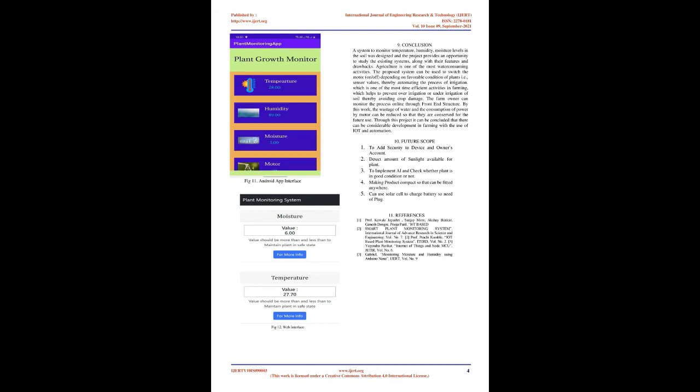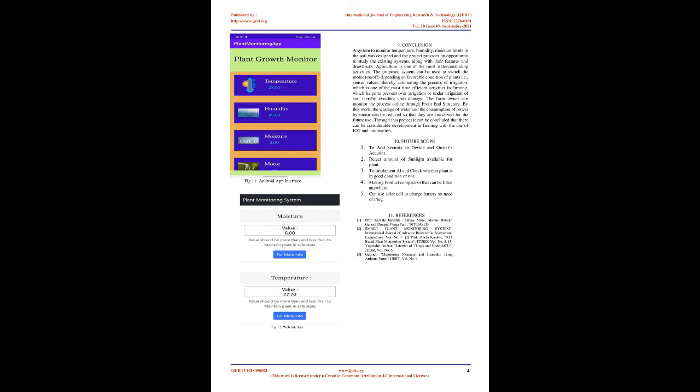Front-end data is received through the API as read-only data, and the only update allowed by the front-end is to update the motor state. According to the values detected by the sensors, the motor will turn on or off. If moisture and humidity are below the threshold value, then the motor is turned on. If moisture and humidity levels are high, then it will stop the motor and the water supply will also stop.